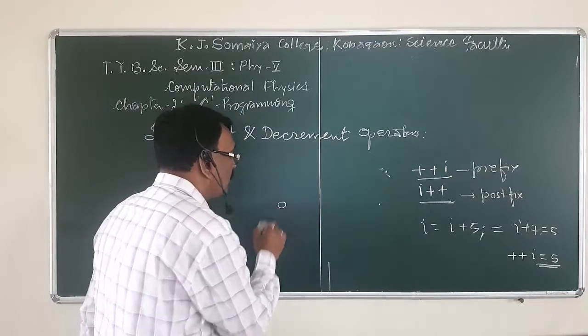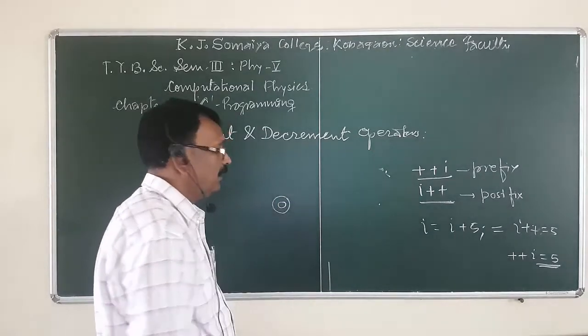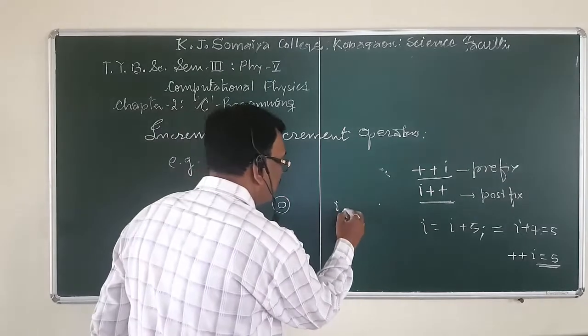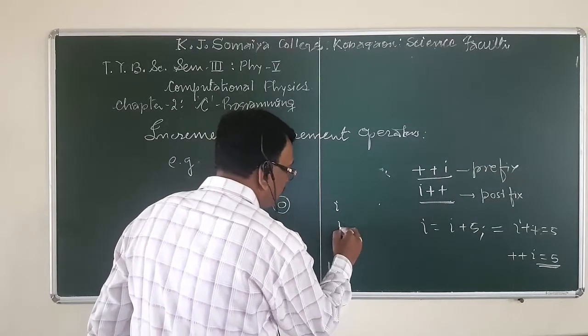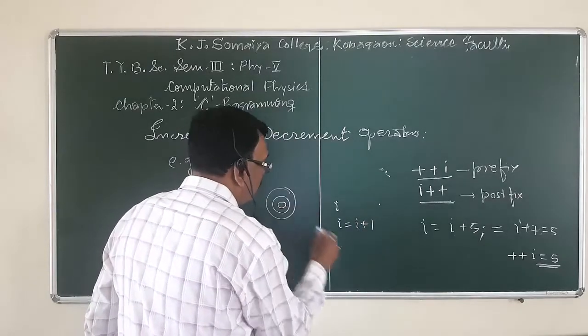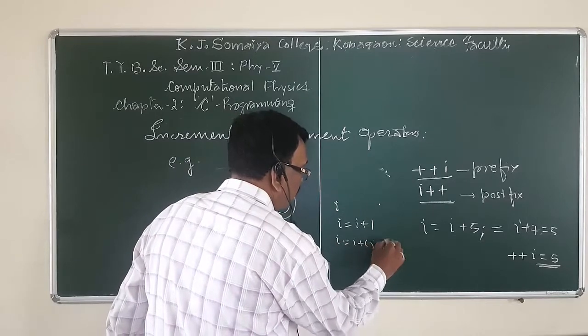Suppose the first circle is drawn like this. Now when we draw the second circle, suppose the radius of the first circle is I, the second circle I plus 1, the third circle I is equal to I plus 1.